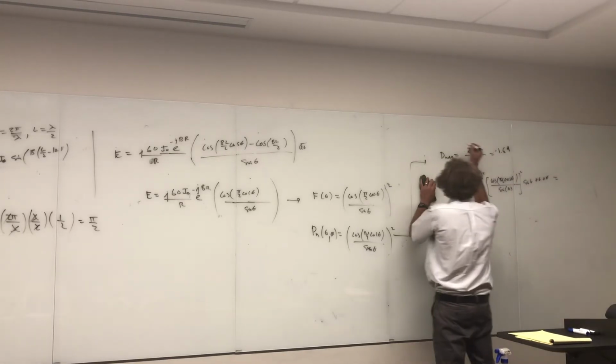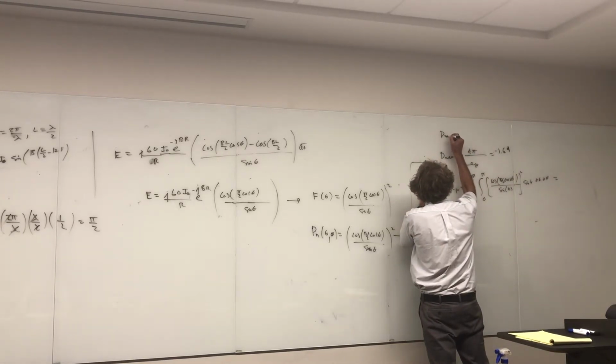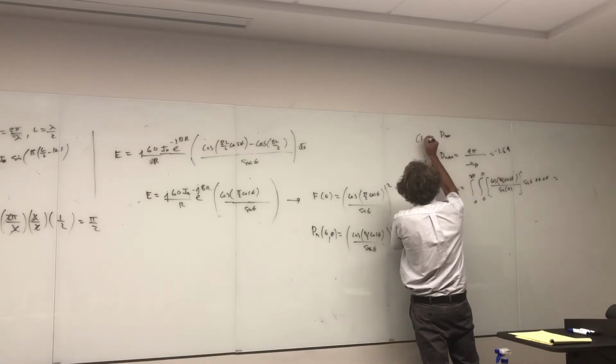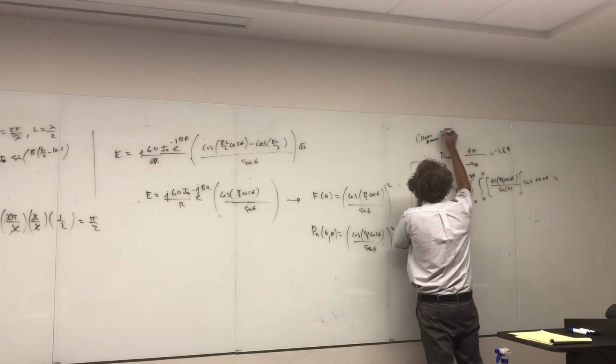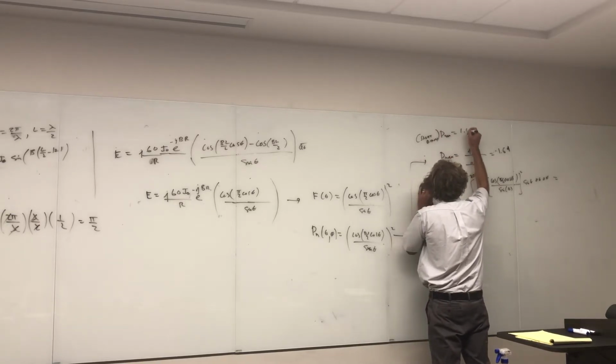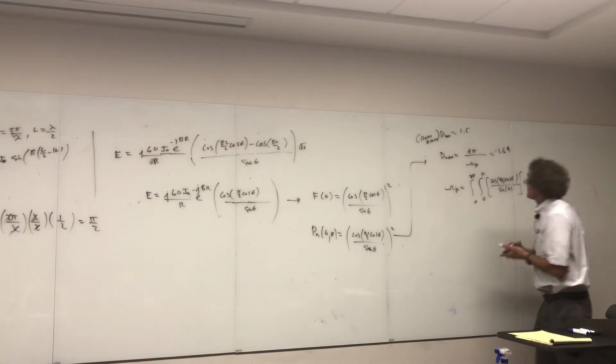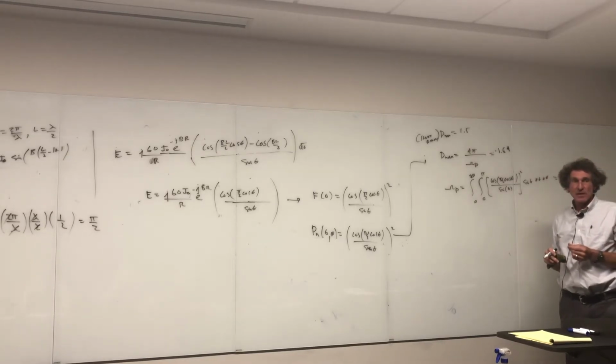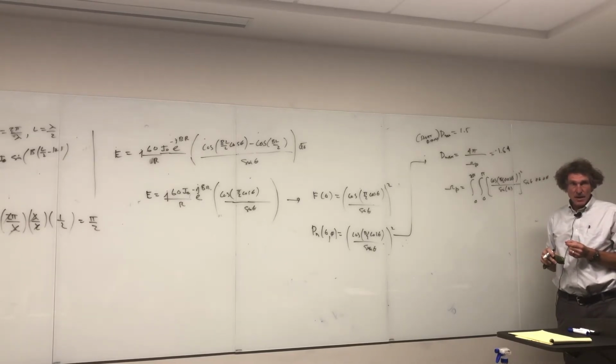I want to tell you this, D max for a short dipole is 1.5. You see how the directivity is not much better than the directivity of a short dipole? Everybody see that?